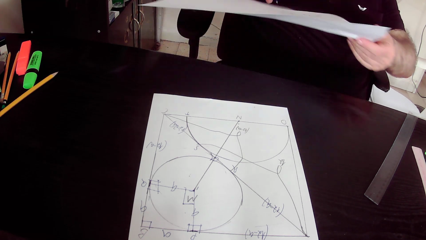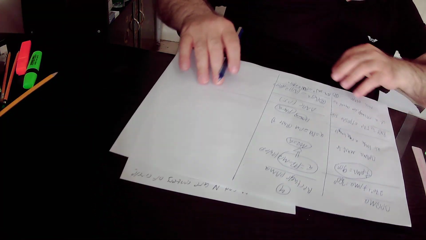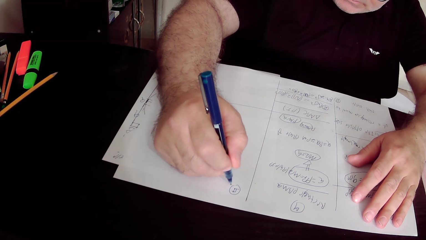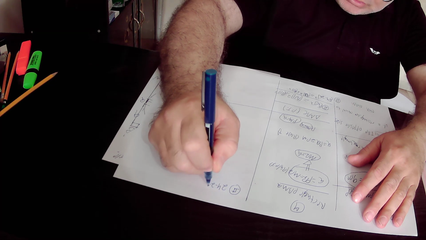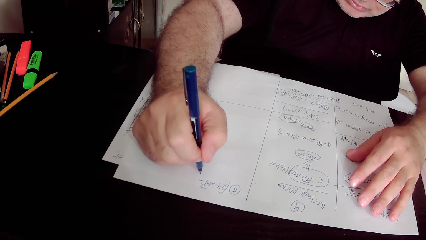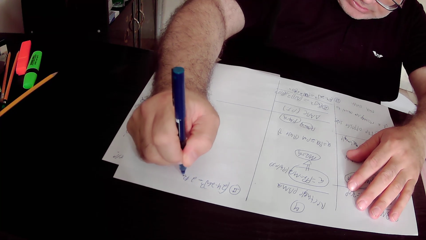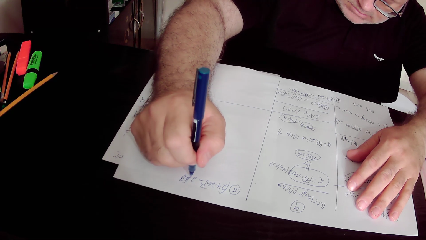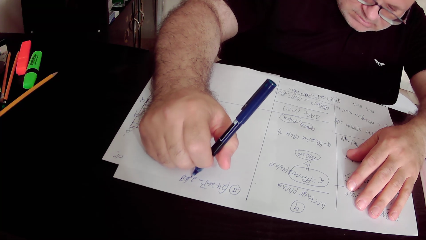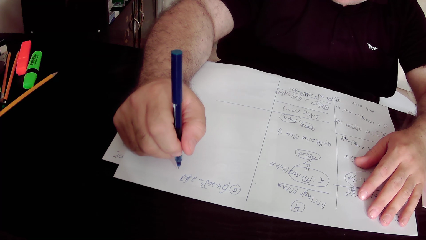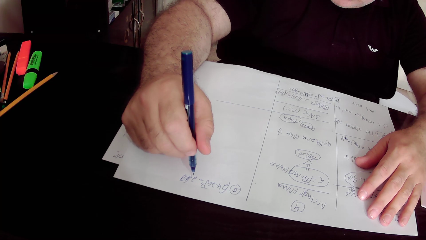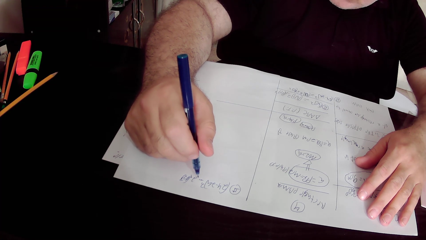So here, according to equation number 2, (24 minus 2A) squared equals 12 squared plus 12 squared, which is 2 times 12 squared.